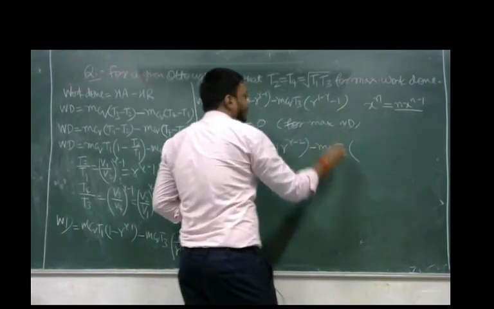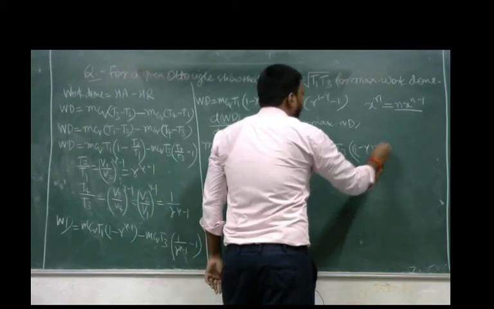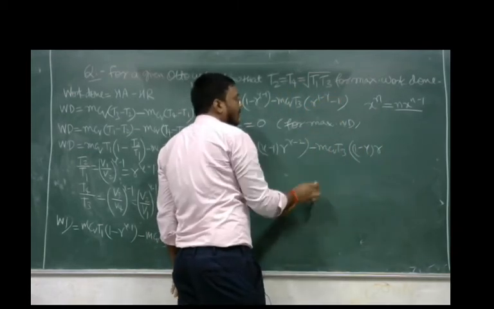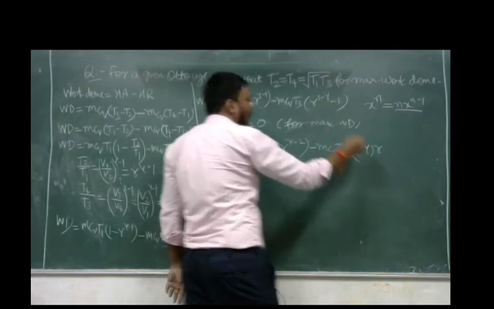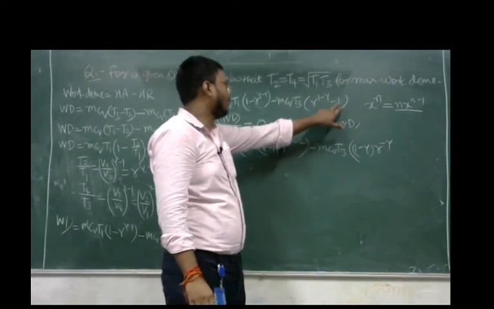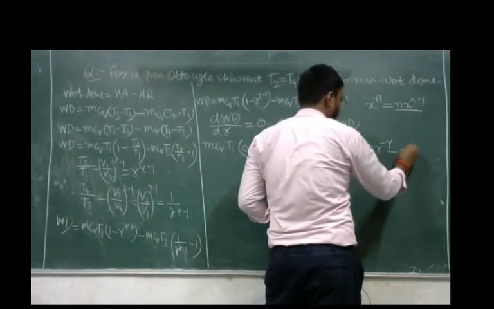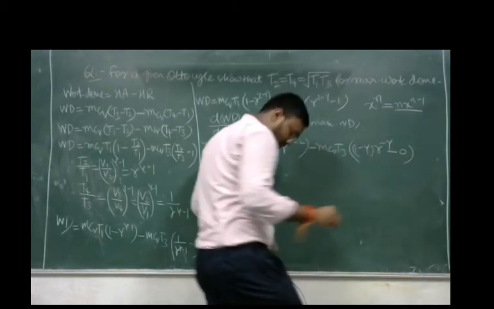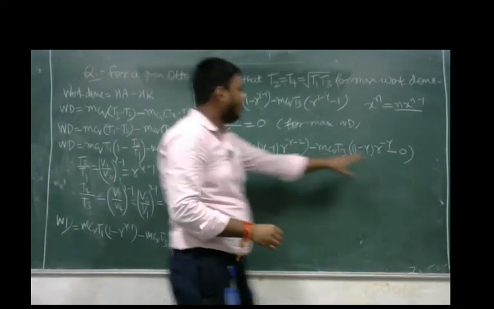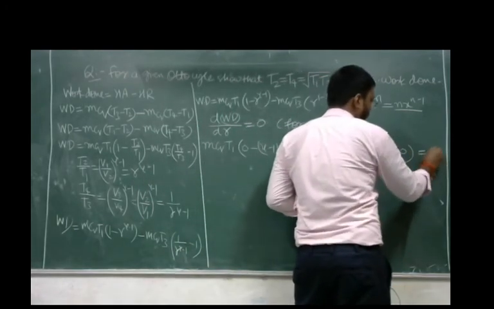So here we get 1 minus gamma r to power 1 minus gamma minus 1. So plus 1 minus 1 will be cancelled, and we get r to power minus gamma. Okay, and differentiation of 1 is equal to 0 minus 0, and this whole value is equal to 0. So put here equal to 0.